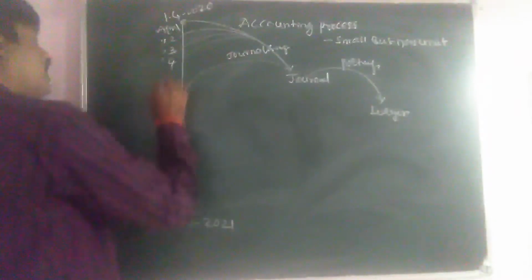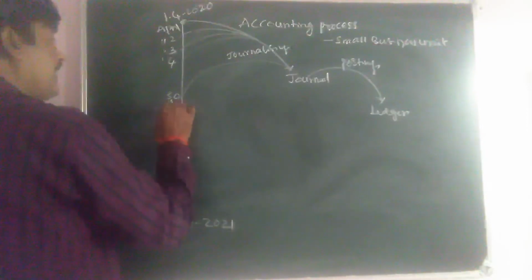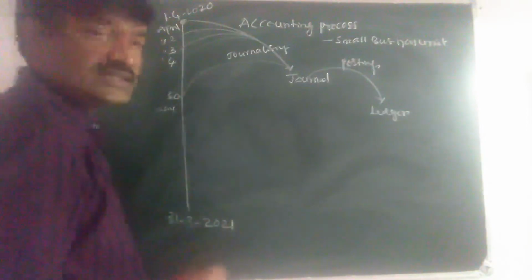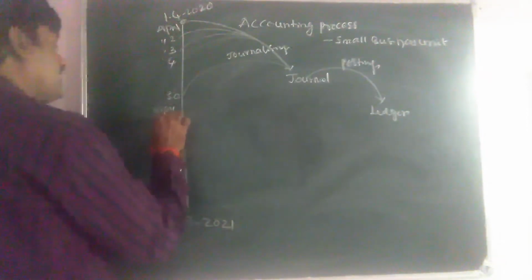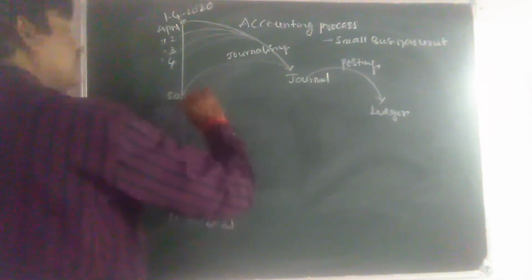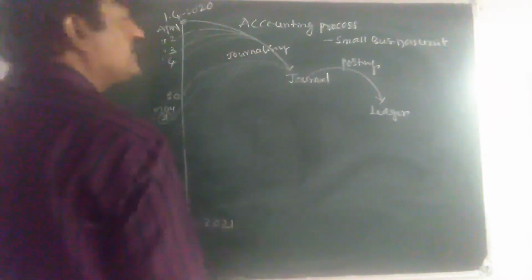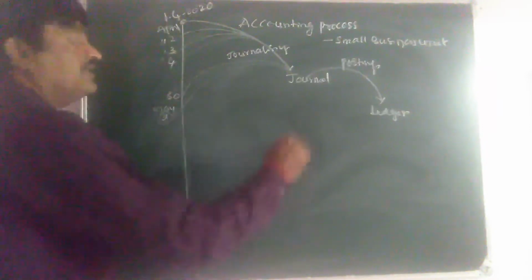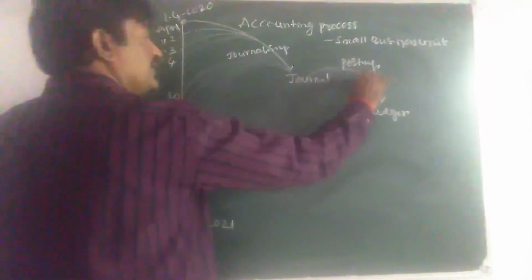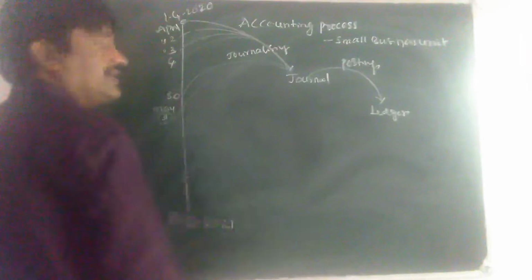Again, after April, May month. In May, 31 days are there. 31 days of transactions are entered in the journal. The 31 days of transactions are shifted to ledger.